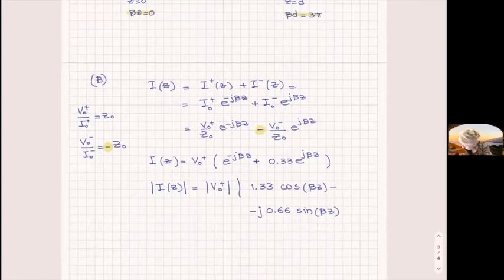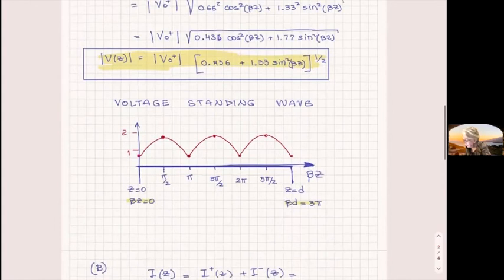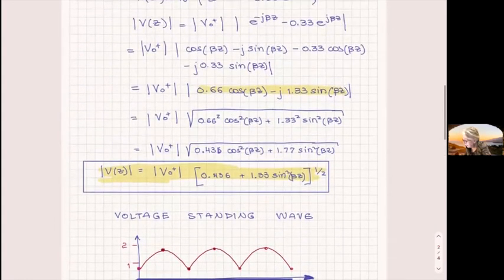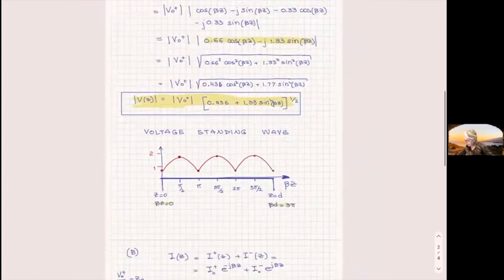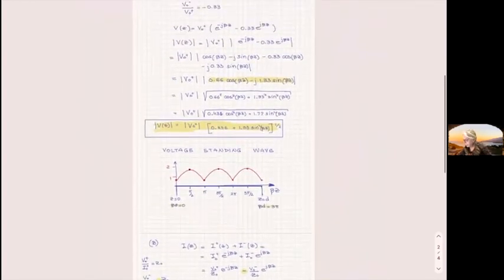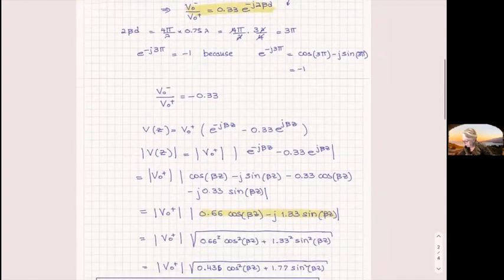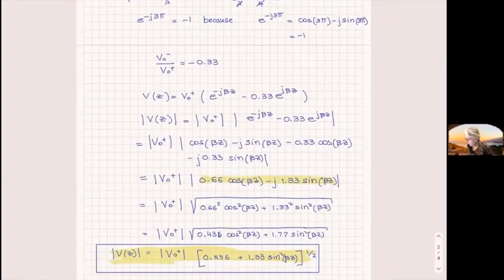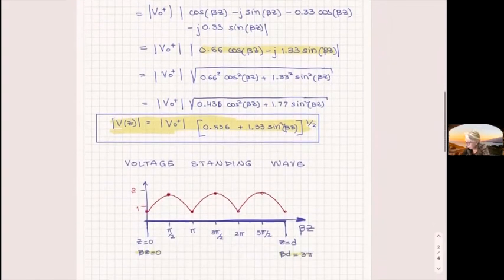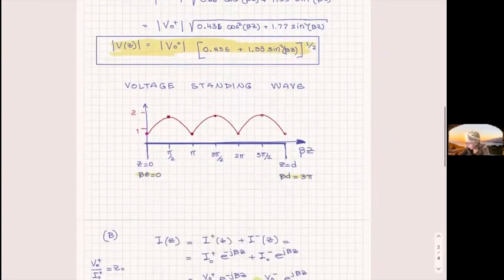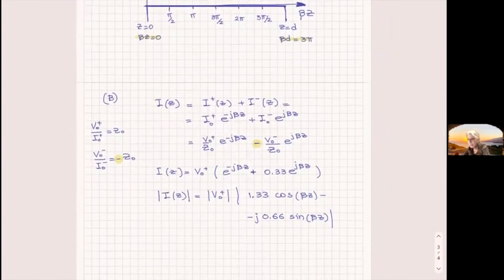Look at the difference between the two. In the first one, in the voltage, I have a minus j 1.33 sine, and then in the current, I have 1.33 in the cosine.